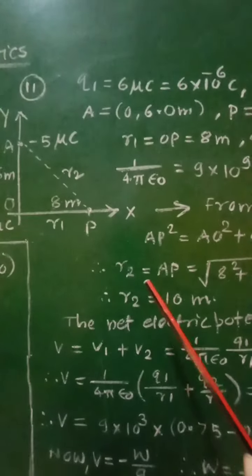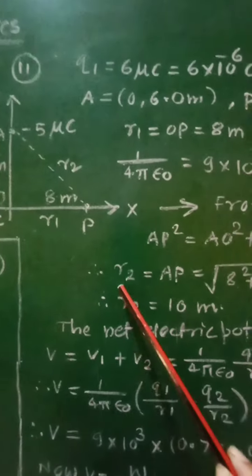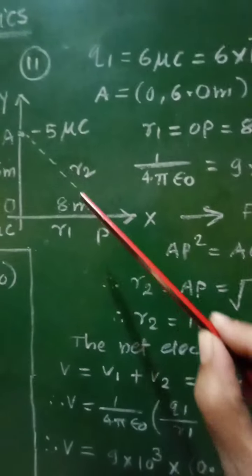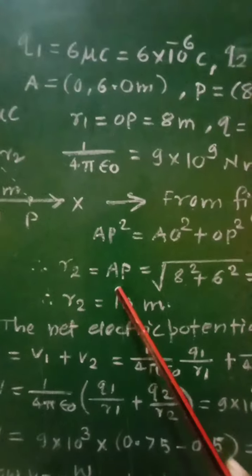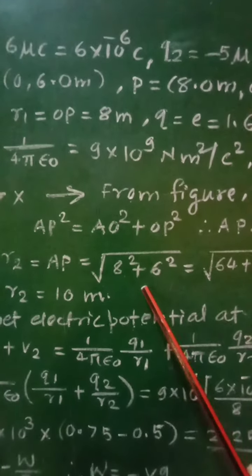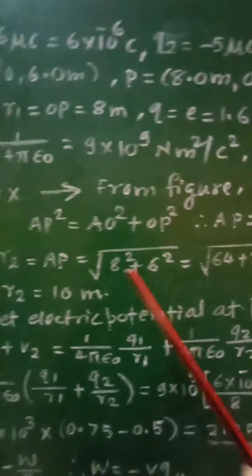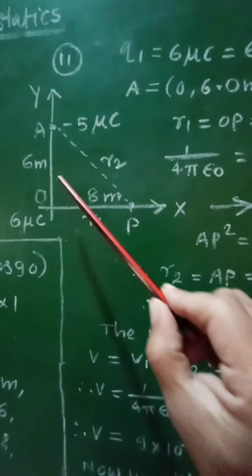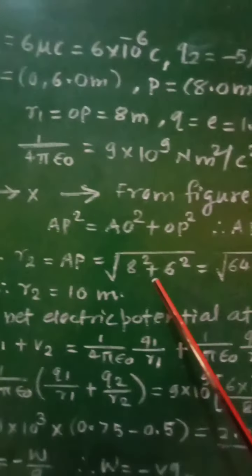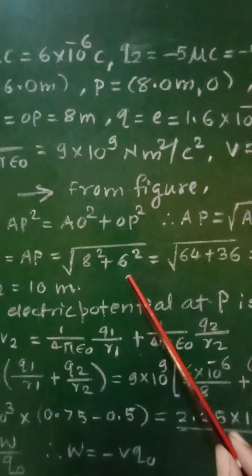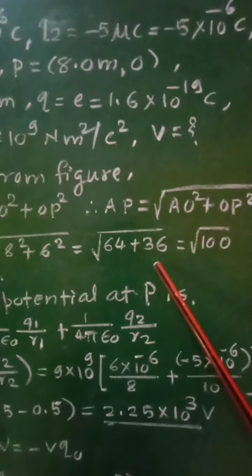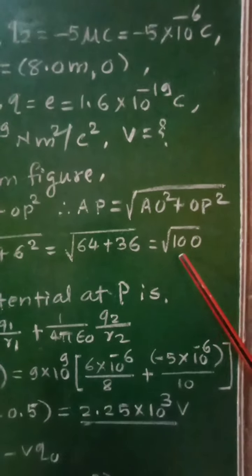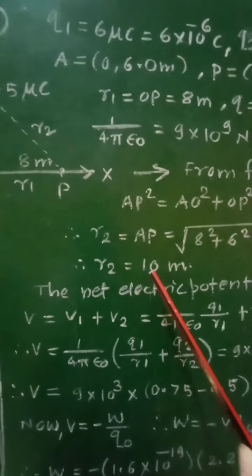And therefore R2, that is this distance AP, is equal to R2. Therefore R2 is equal to AP equal to square root of 8 square plus 6 square, as this side is 8 and this side is 6. This comes out to be square root of 64 plus 36, which is equal to square root of 100, and therefore R2 is equal to 10 meter.